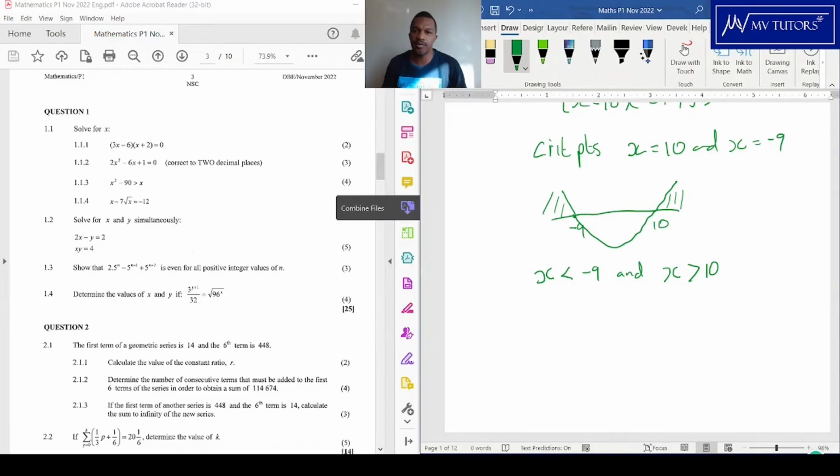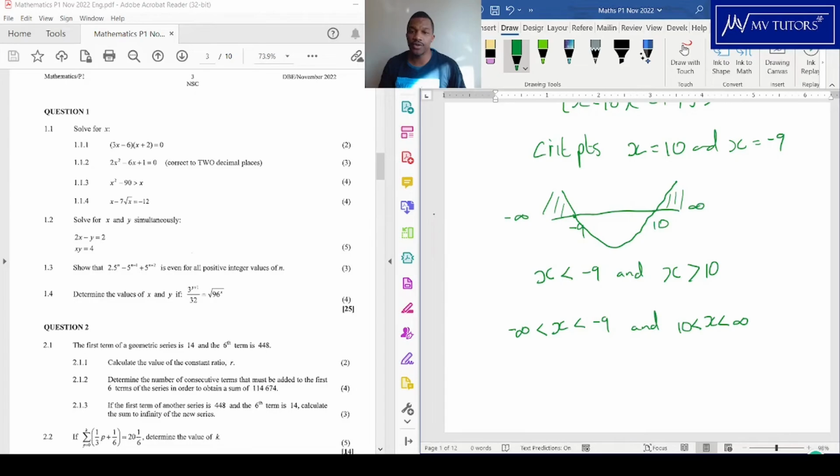You can say, because remember we're coming from negative infinity here to positive infinity there, so we can say x, put those inequality signs. The one on the left is minus infinity. The one on the right is minus 9. And put that inequality sign as well. The one on the left here is 10. The one on the right is infinity.